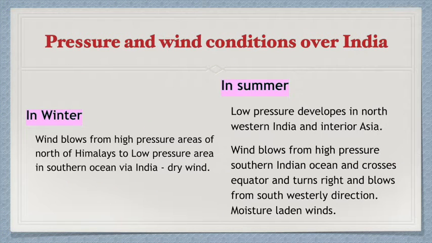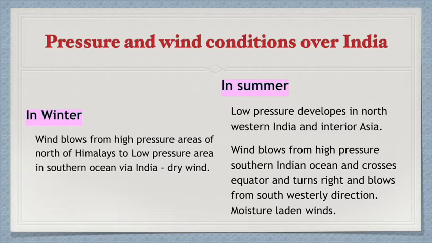Pressure and wind conditions over India. In winter months, wind blows from high pressure areas north of the Himalayas to the low pressure area in the southern ocean via India. Because this wind flows from land to sea, it brings little or no rainfall to India. But in summer, low pressure develops in northern India, northwestern India and interior Asia.